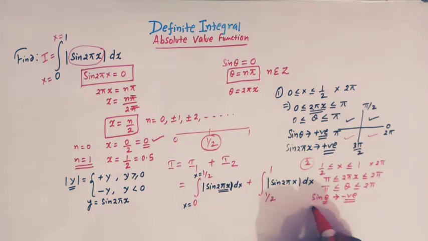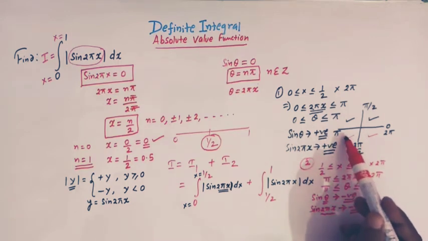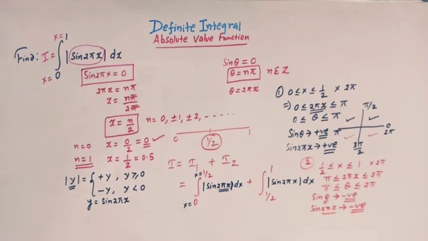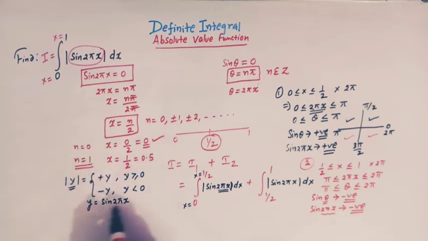So sine 2 pi x is a negative number whenever 2 pi x lies in the third or fourth quadrant. Now let us apply this definition to this function.